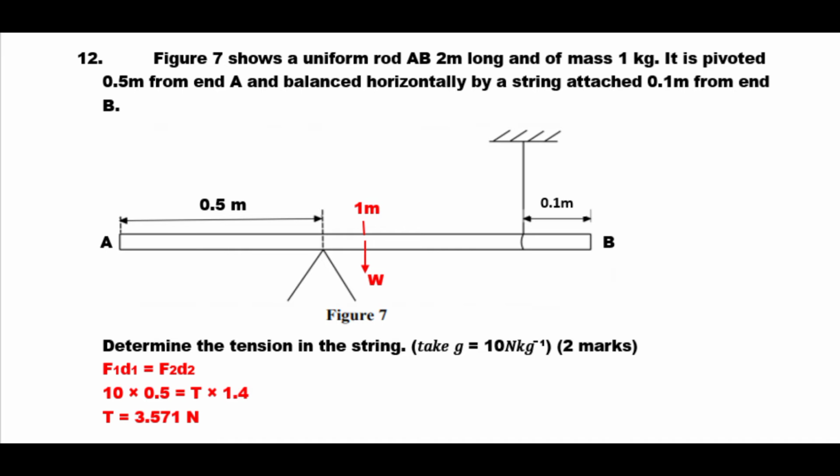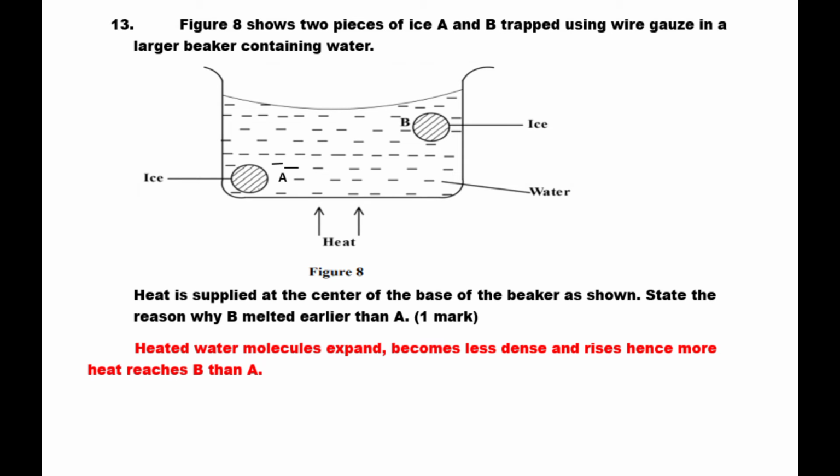So 10 times 0.5 equals tension in the string times 1.4. 1.4 is the distance, 2 meters minus 0.5 and 0.1, which gives you 1.4. So that's how you get the tension, which is 3.571 Newton.